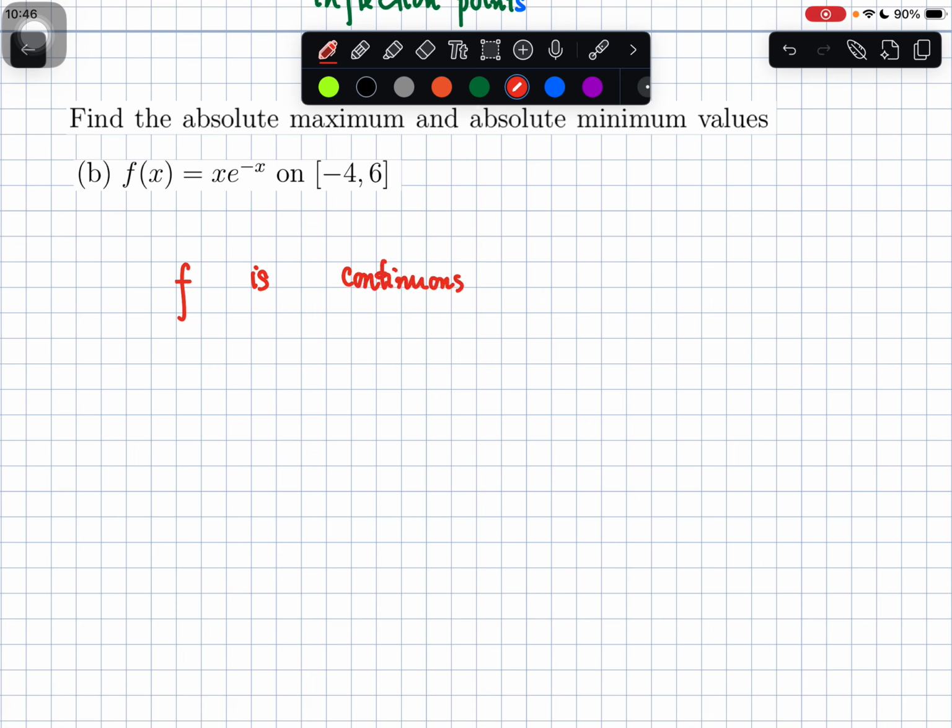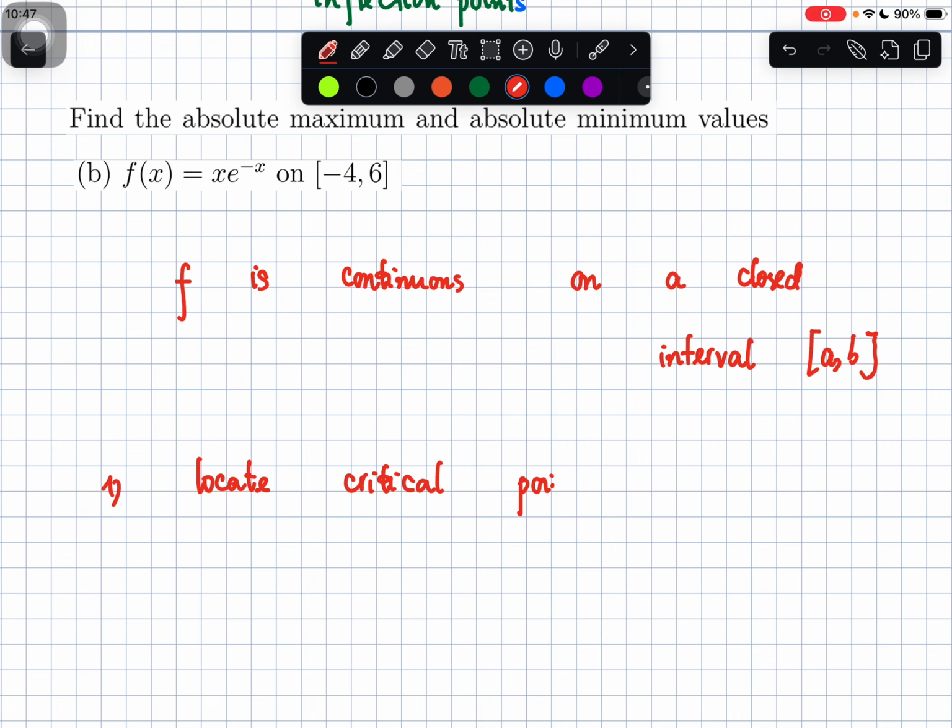And if they give us a closed interval, as in our case, we count the two endpoints here, minus 4 and 6. On a closed interval, say [a, b], we can always find an absolute max and absolute min. So here is how we do it. We first locate the critical points.